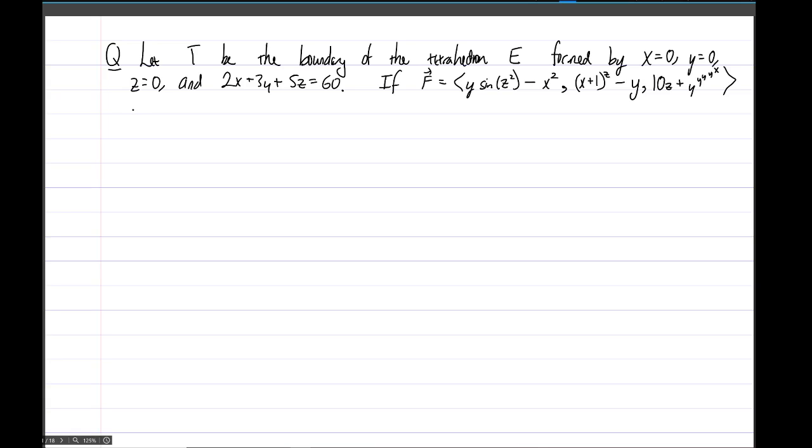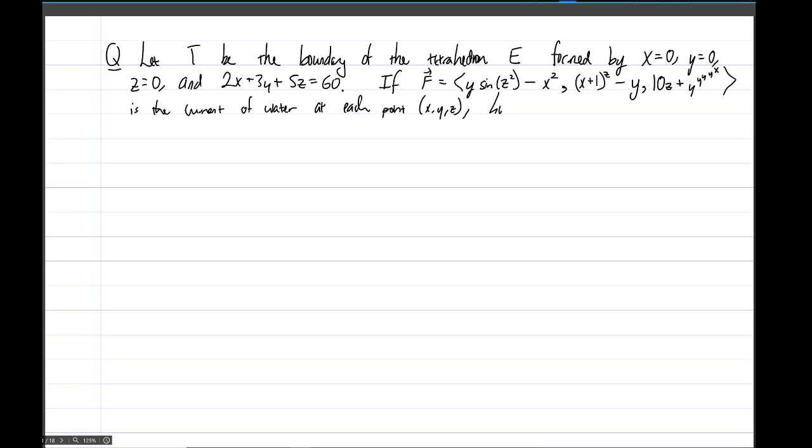Okay, if this is the current of water at each point x, y, z. I mean, we could have said this was a capital F of x, y, z. We just have left out the of x, y, z.